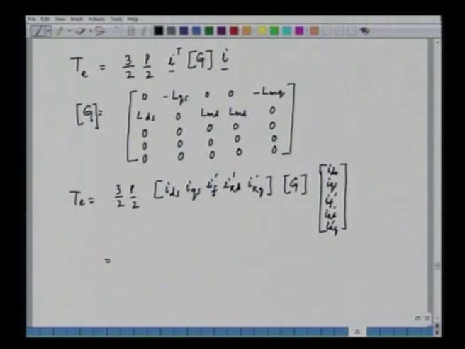So this we can pre-multiply. So we have got 3 by 2 into P by 2.